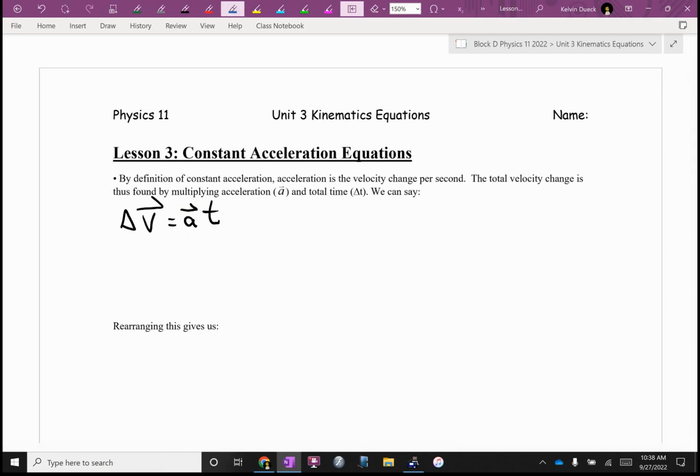And what's change in anything? So instead of writing delta V, I can write final VF minus initial VI equals AT.